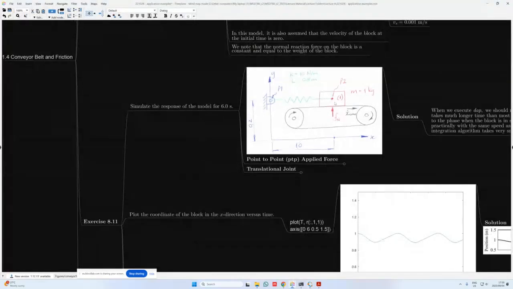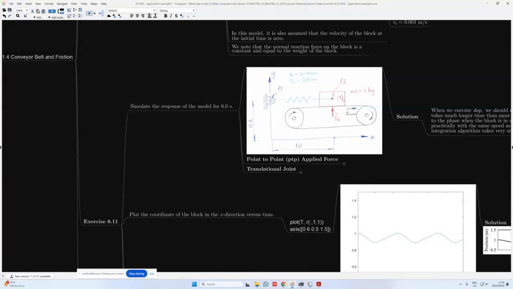And this makes sense if I consider its xi, eta coordinate systems. I know that for a grounded body, its local coordinate system is the global coordinate system. I know that my translation needs to be horizontal, so therefore the unit vector is going to be simply horizontal. That's why I define it as 1, 0.